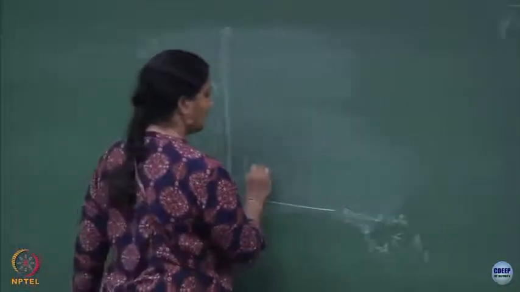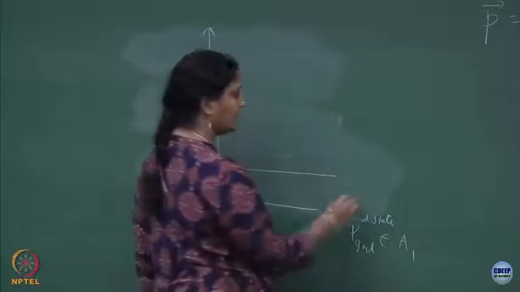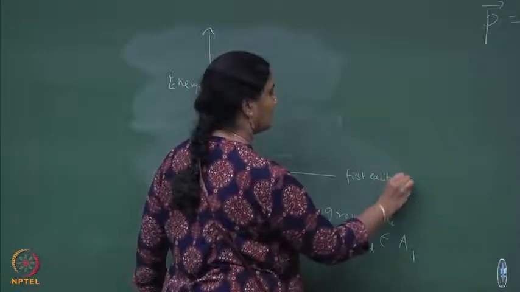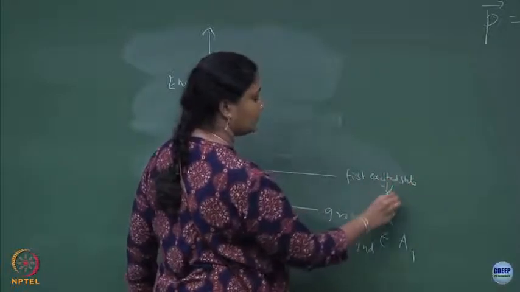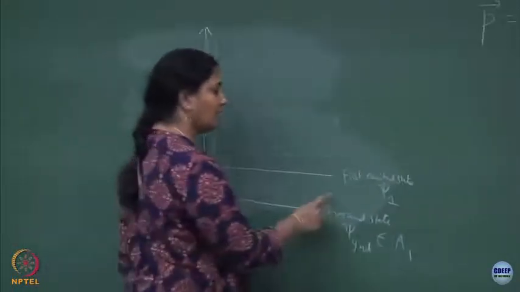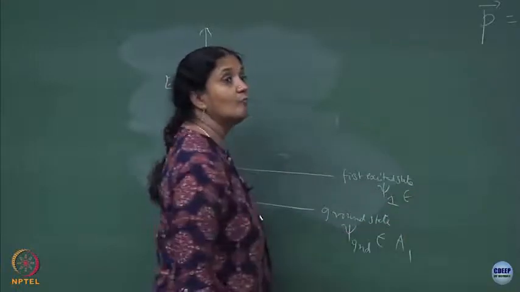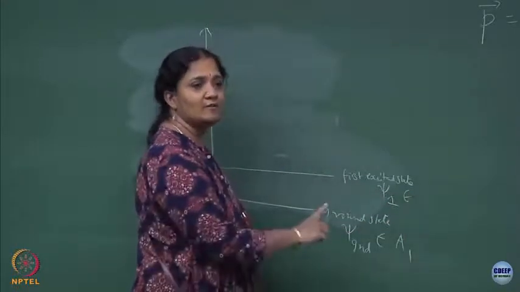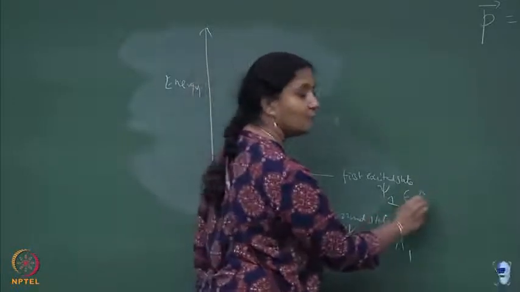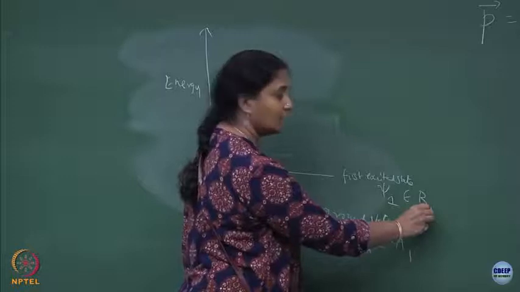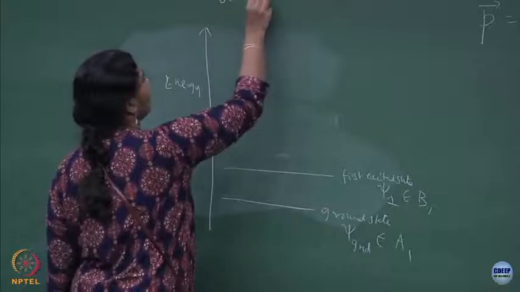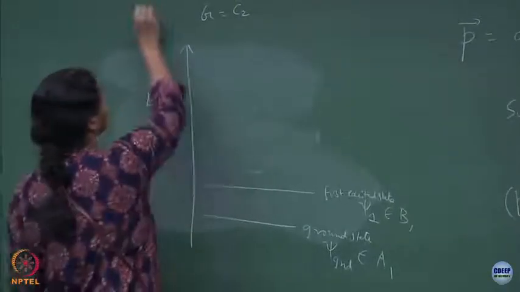Then you can have a first excited state, let me call it psi 1 to remember it is the first excited state. It is an odd function, while the ground state is an even function, so it belongs to the irrep B1. So, what is the group symmetry here? Group symmetry is C2, for the 1D harmonic oscillator.